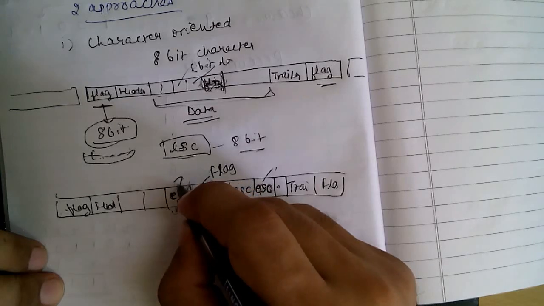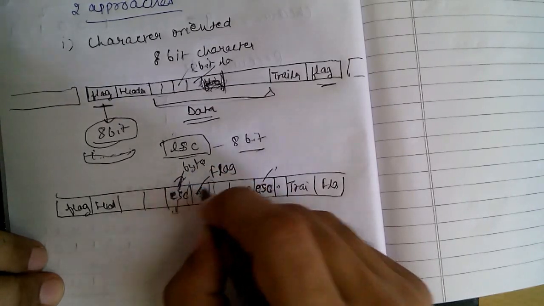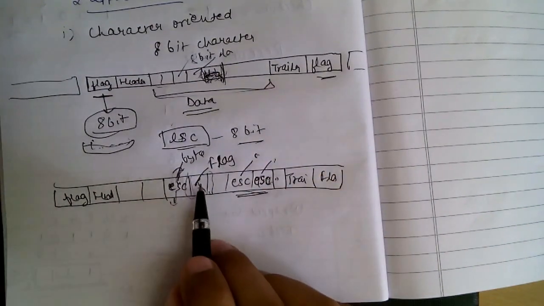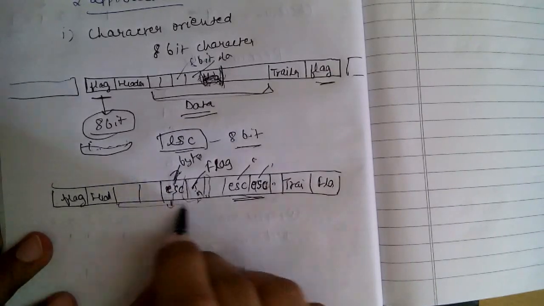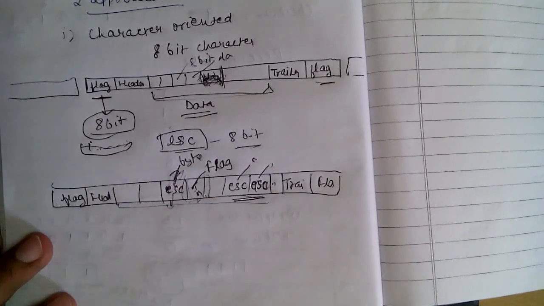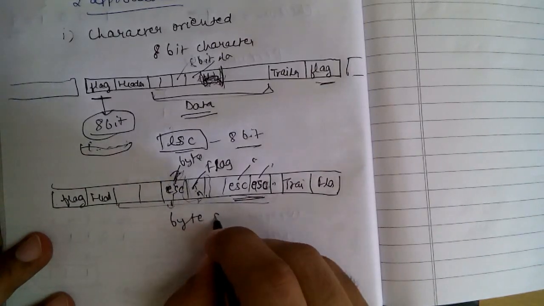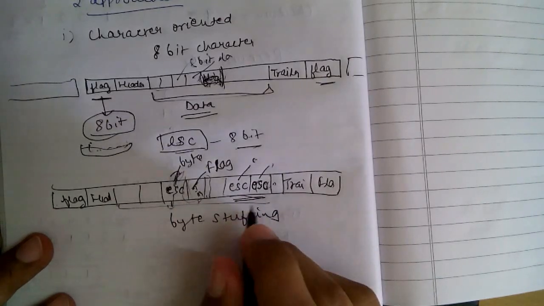So in this, we are stuffing a byte. This is a byte, 8 bits, and this is also 8 bits. To denote the flags and the other things, we use bytes. That's why this technique is known as byte stuffing, as we are stuffing bytes in between data.